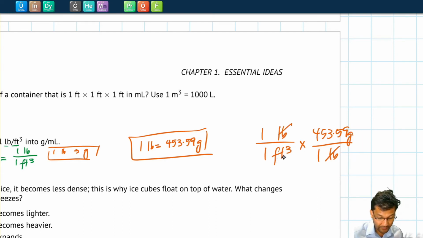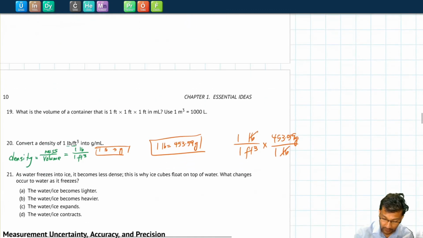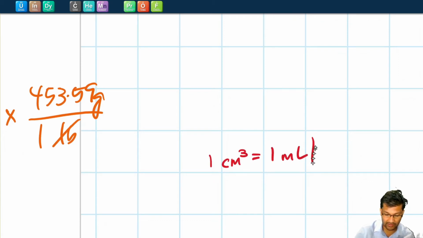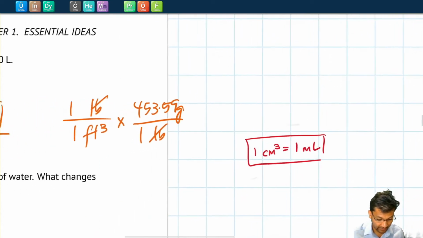Now we need to get from feet cubed into milliliters. This one's a little bit tricky. We should know that 1 centimeter cube is the same as 1 milliliter. Those two things are the same, just different units. So that can help us out a little bit.